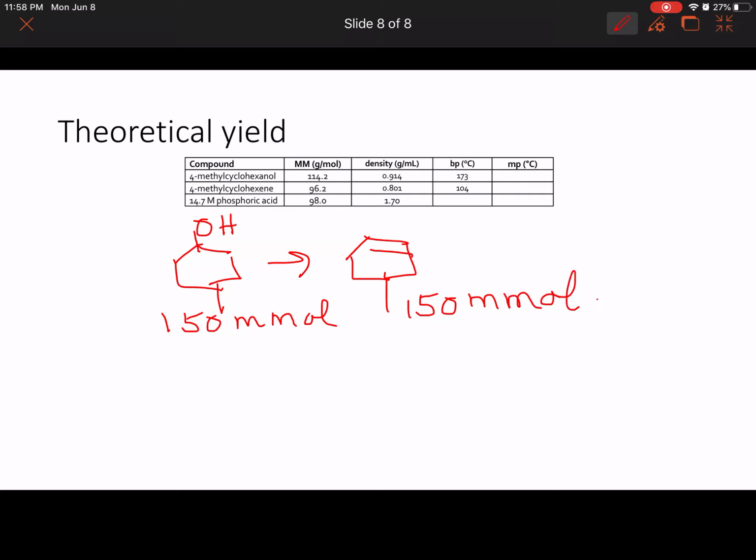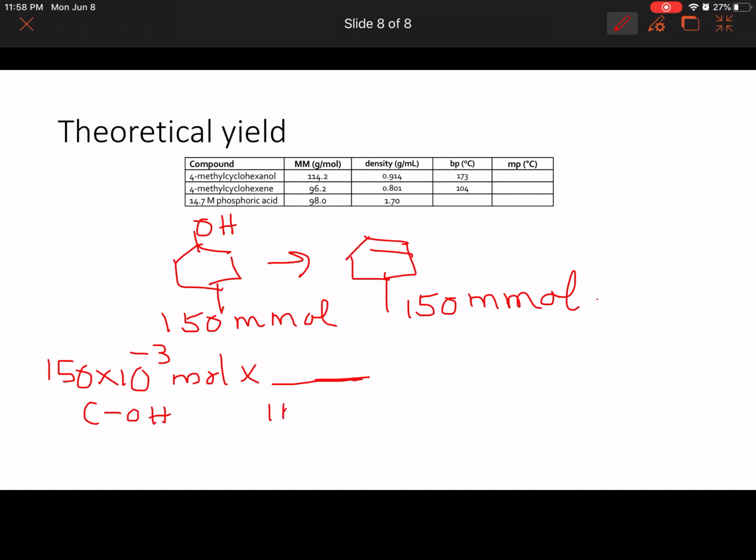I will show you how to calculate the theoretical yield. If you start with 150 millimoles, I'm going to convert this into moles, 150 times 10 to the negative 3 moles of cyclohexanol.